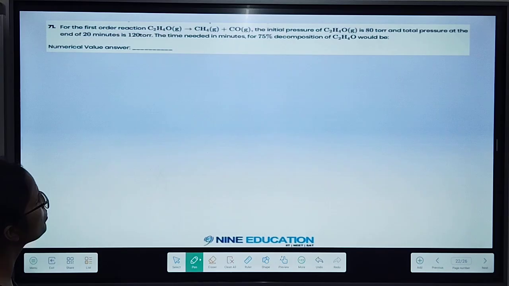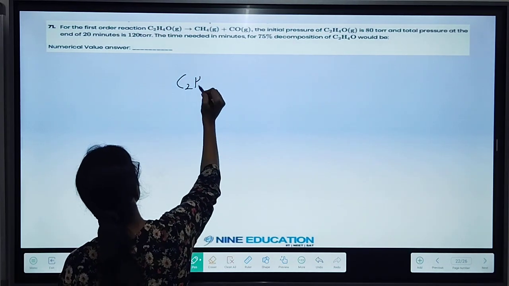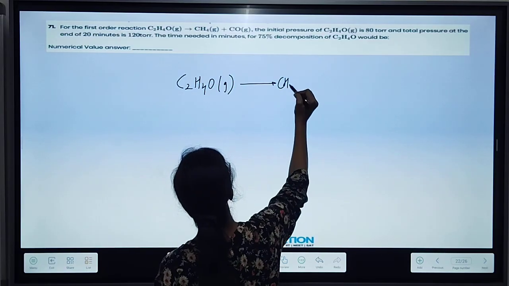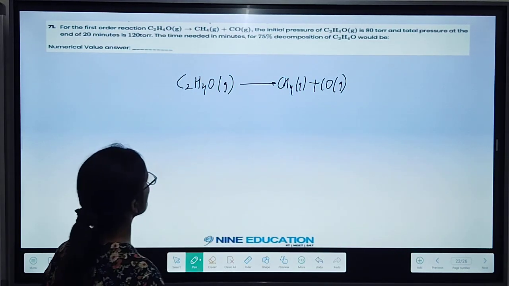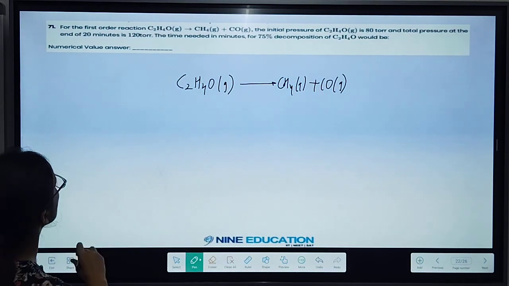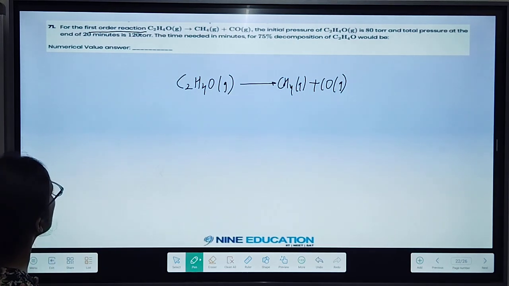The time needed in minutes for 75% decomposition of C2H4O would be, okay, we have one reaction, C2H4O gaseous giving CH4 gaseous plus CO gaseous. Now the initial pressure is provided and another important thing is that it is first order.